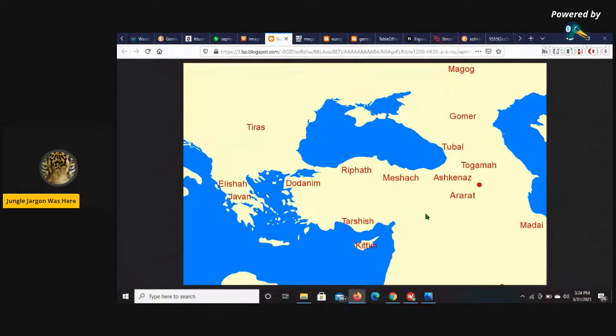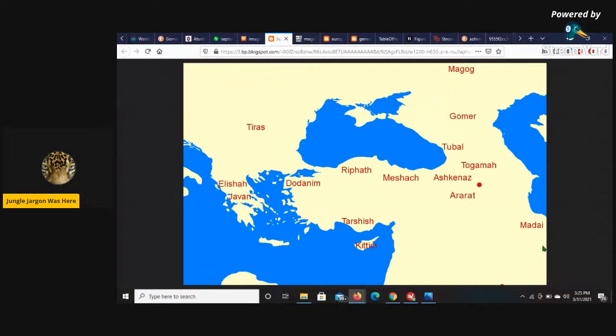But anyways, that's about it for identifying the Japheth Y chromosome, where they went. One of these is probably the Neanderthals. One of these is probably the Denisovan, which we don't have the Y chromosome because it was probably a female anyway. But if they did, it could identify maybe the Madai as the Denisovans, which are related, of course, to the Neanderthals.